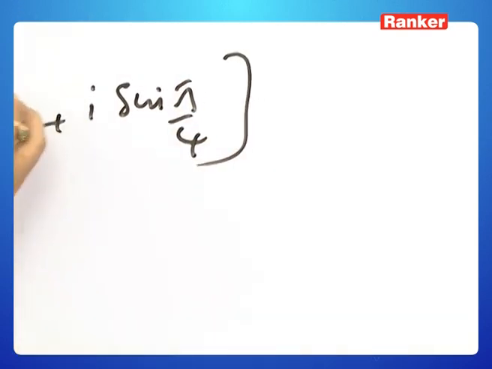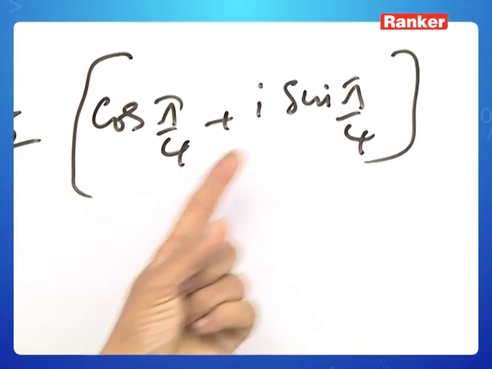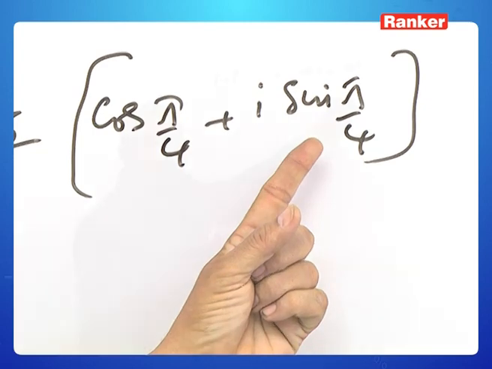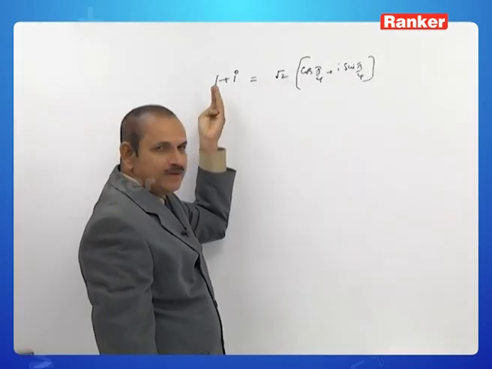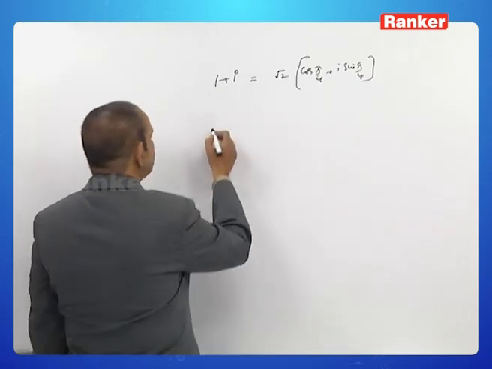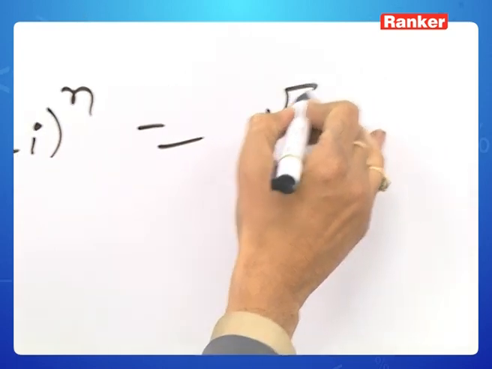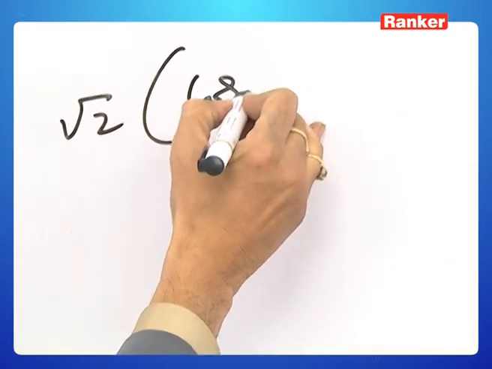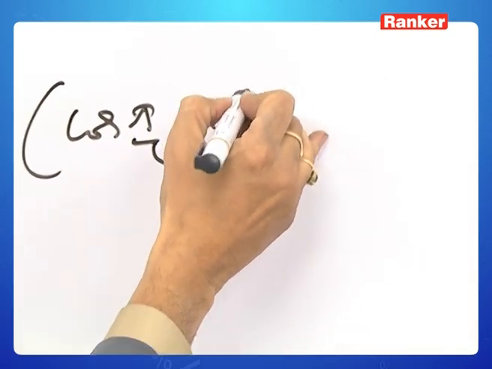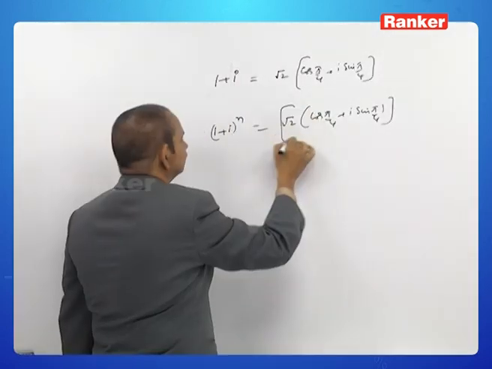It is very easy to observe. What is cos pi by 4? 1 by root 2. What is sin pi by 4? 1 by root 2. If you pull 1 by root 2 out, it will be again 1 plus i. Good. What is (1 plus i) whole to the power of n? This is root 2 into (cos pi by 4 plus i sin pi by 4) whole to the power of n.